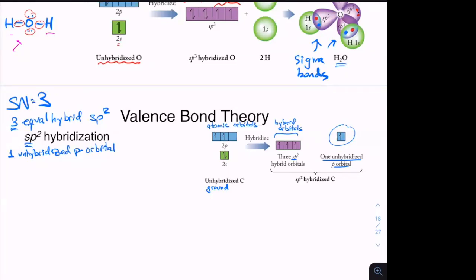And for the example on this one, we'll look at formaldehyde. The Lewis structure for formaldehyde looks like this. That's the common name.